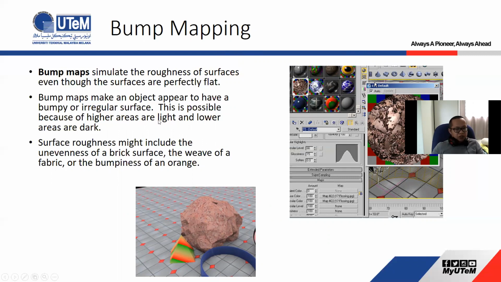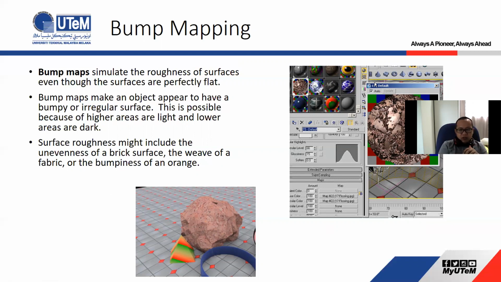This is possible because higher areas are light and lower areas are dark. Surface roughness might include the unevenness of a brick surface, the weave of fabric, and the bumps of an orange. Later I will show you bumping, which makes the object more real. It gets a roundness.